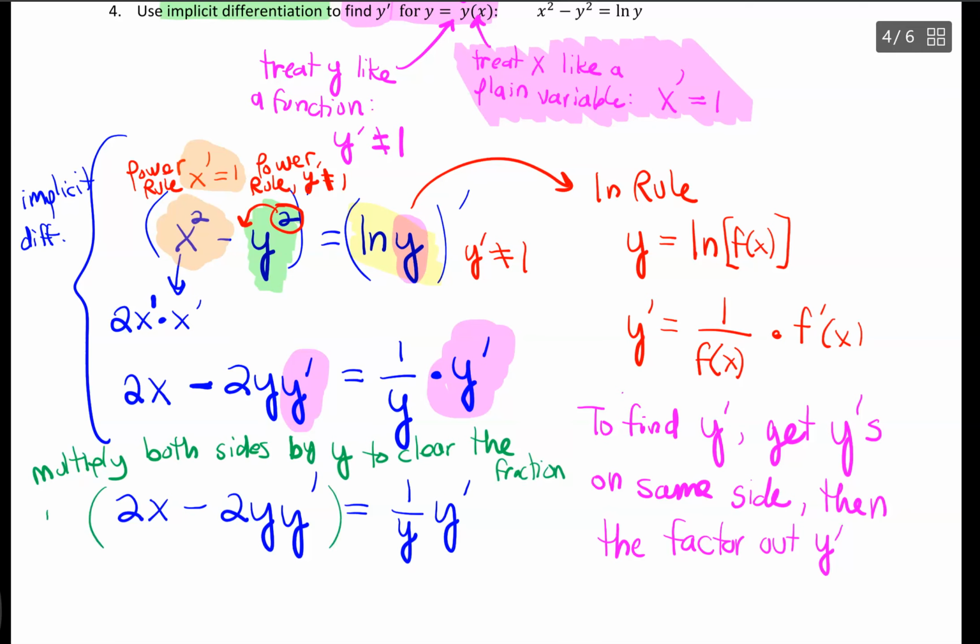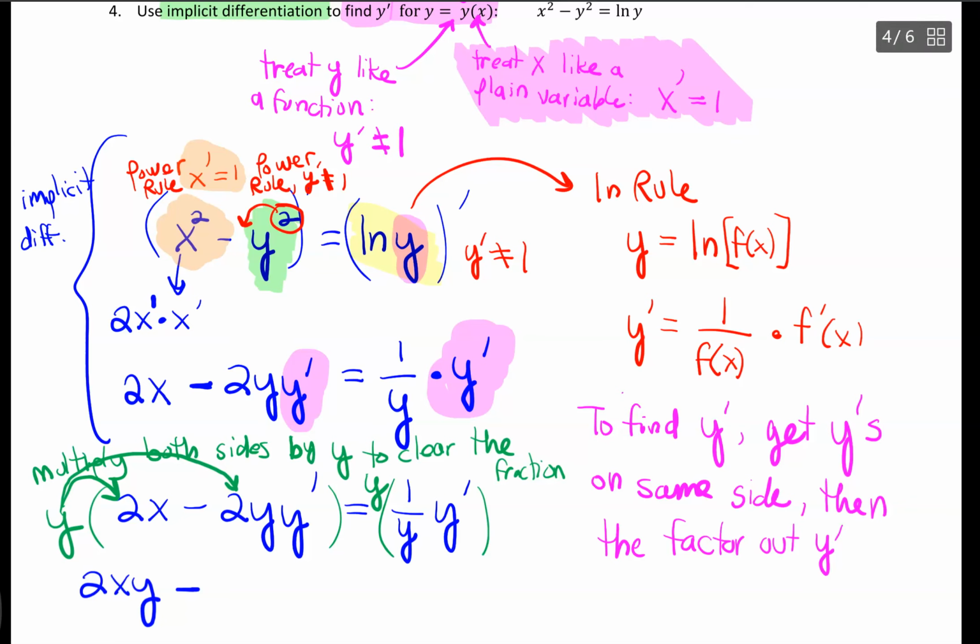Okay, so I'm going to multiply this side by y, and I'm going to multiply this side by y. So when I distribute y to the first group, that's going to give me 2xy minus, then I'll distribute y to the second group. And remember, we have a rule in algebra that says you can multiply the left-hand side by any number you want except for 0, as long as you multiply the same number on the other side. That's all I'm doing here.